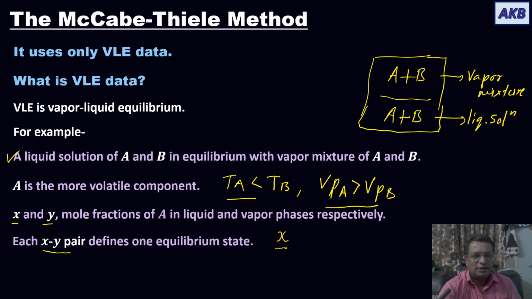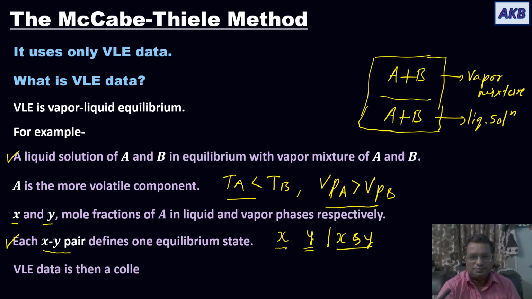So x is the mole fraction of A in a liquid solution that is in equilibrium with a vapor mixture of A and B, in which y is the mole fraction of A. Okay, so here x is in equilibrium with y. That means you have one pair of x and y. So one pair of x and y defines one equilibrium state. That's why I'm saying each XY pair defines one equilibrium state.